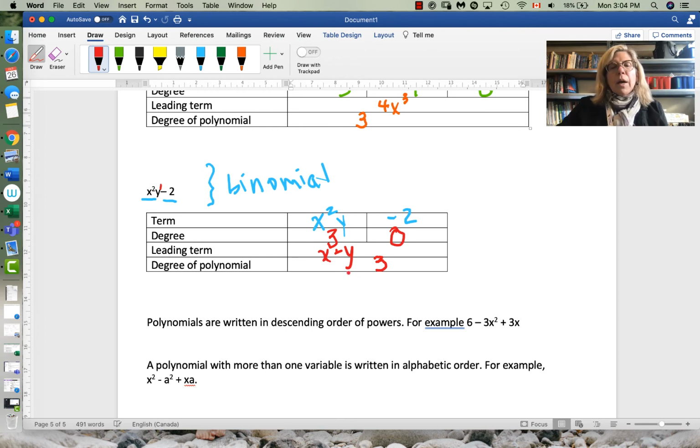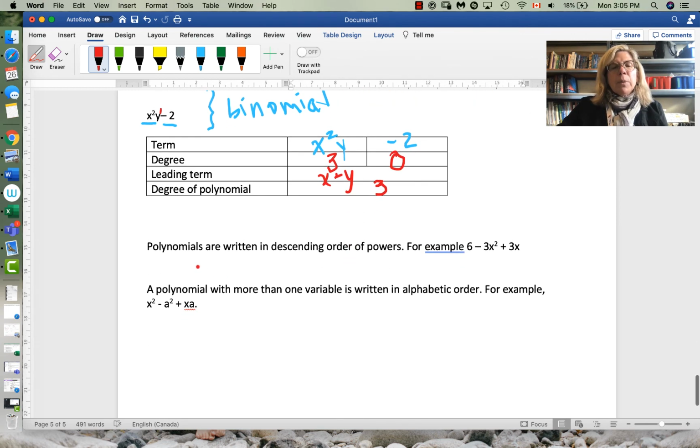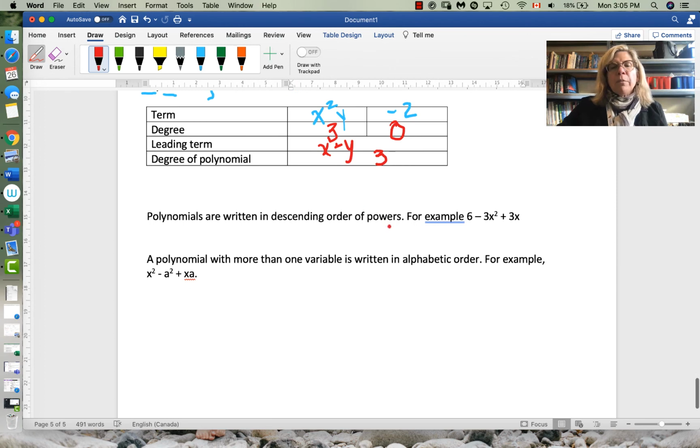Okay. And the last thing, polynomials are written in descending order of powers. For example, you have 6 minus 3x squared plus 3x. We would write that considering the x squared, since that's the highest exponent, that would come first. So 3x squared plus 3x minus 3x squared, sorry, plus 3x plus 6. And that's how you would write it.